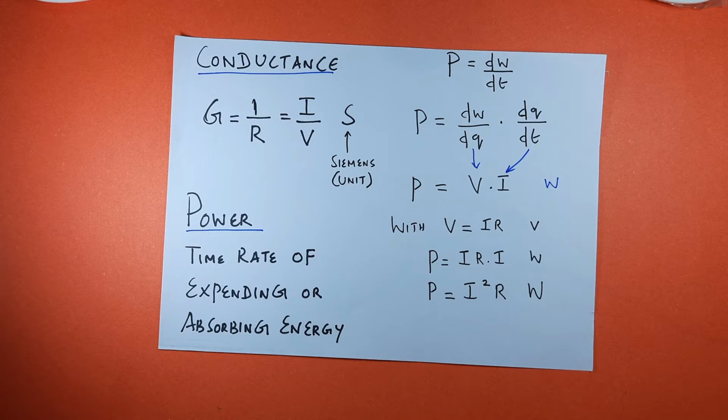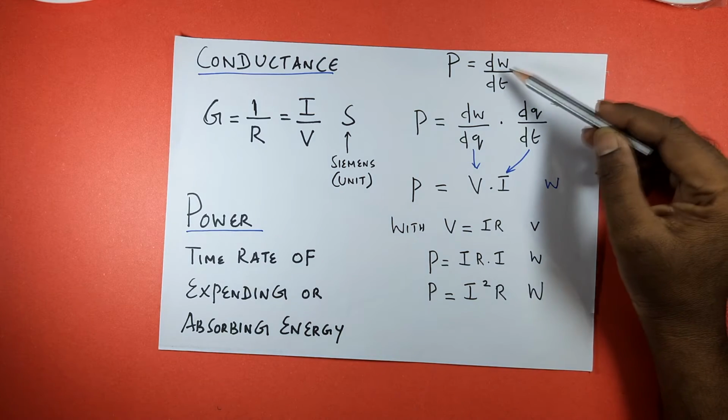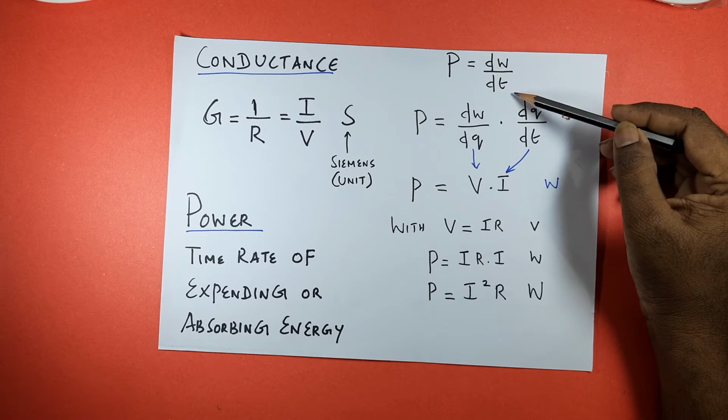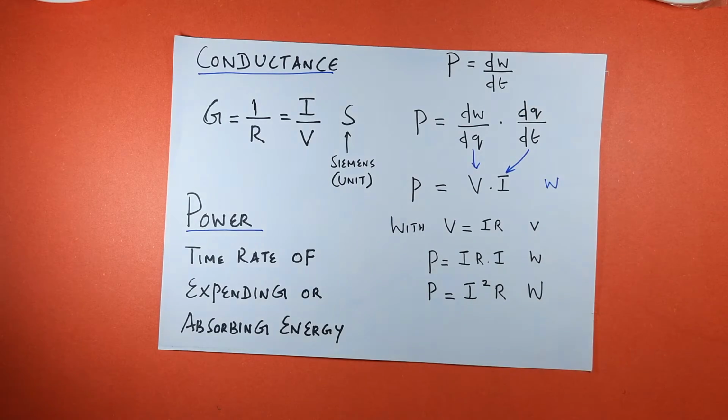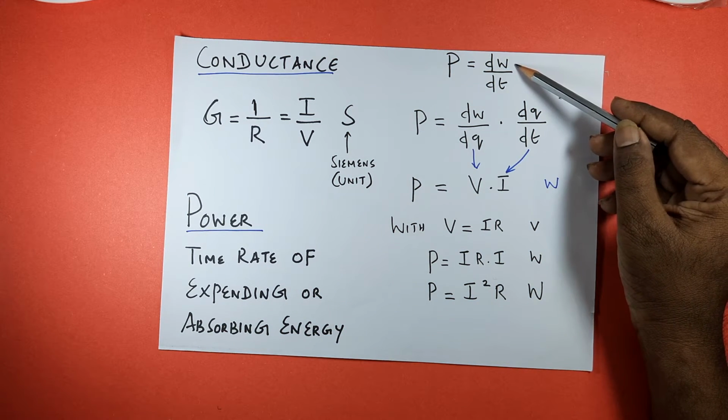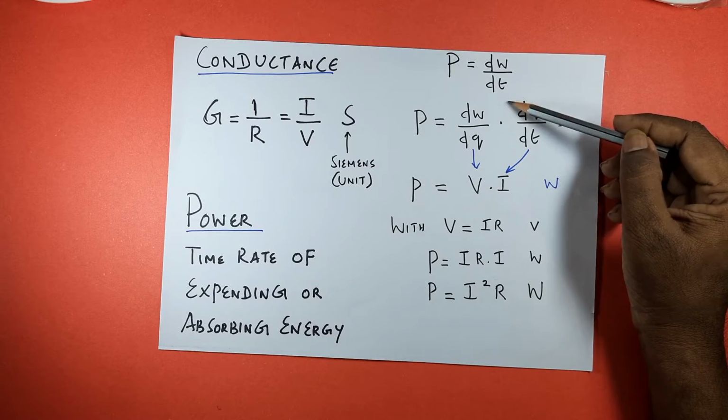Mathematically, we can define power as P equal to dW by dt, where capital P is the symbol for power. So power is nothing but the rate of change of energy.